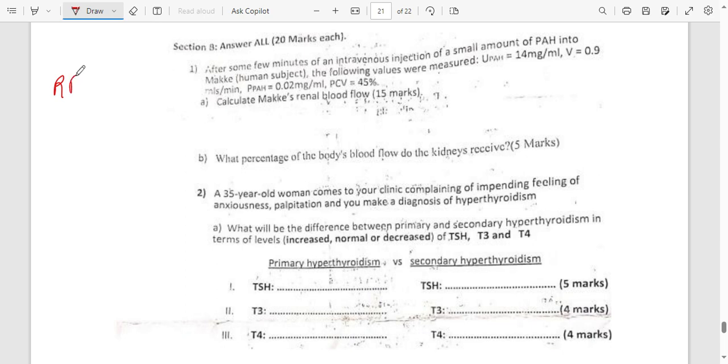Renal plasma flow is given by the concentration of the compound in urine times the urine flow rate, divided by the concentration of that compound in plasma. This is what gives you the clearance rate.